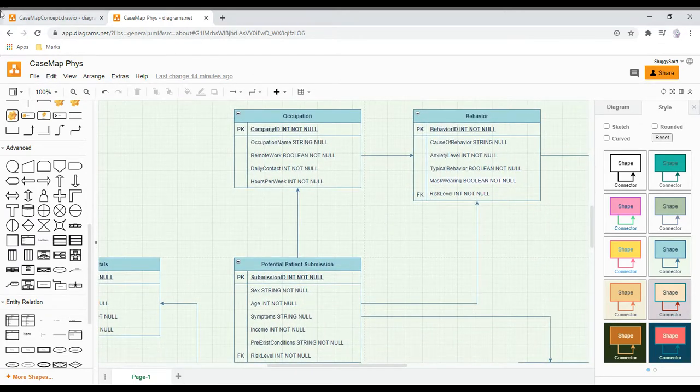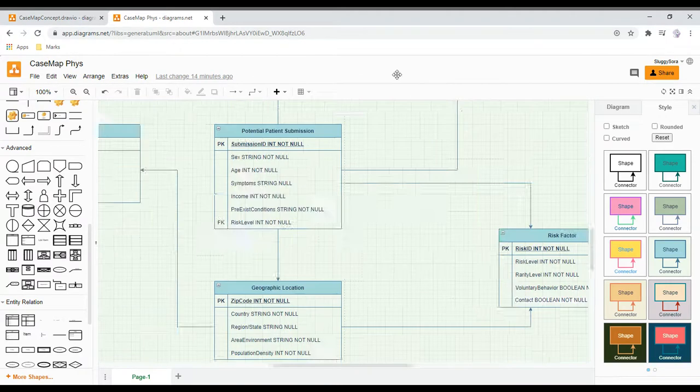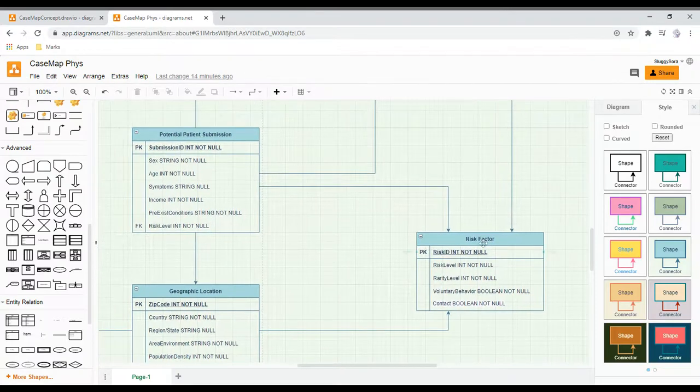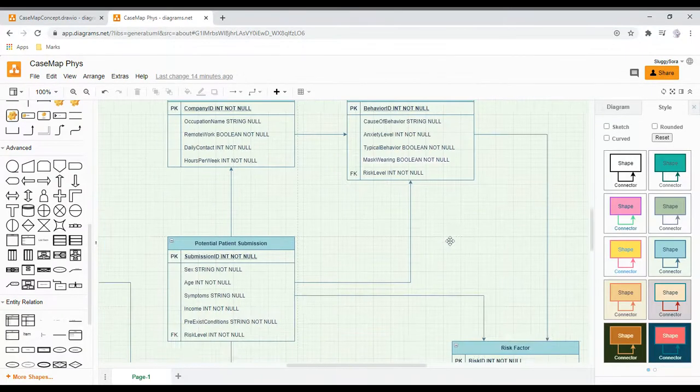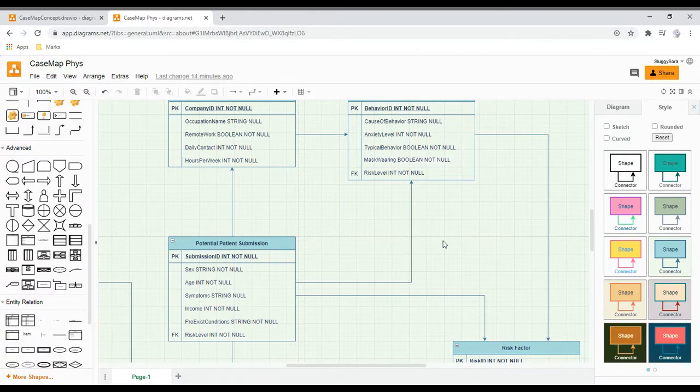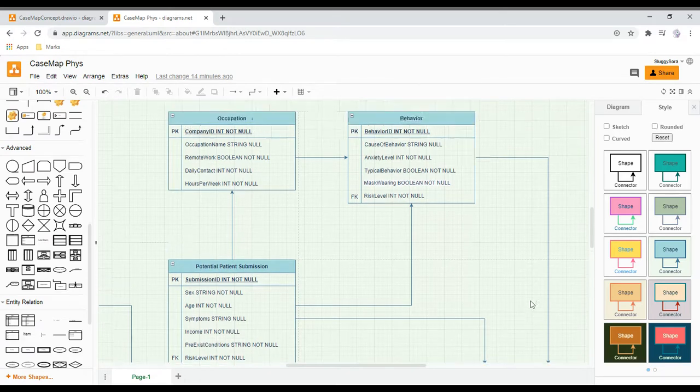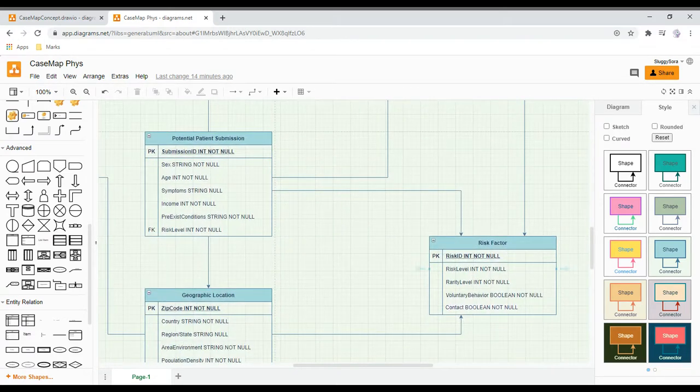I took some things into account with this one specifically, and I wanted to add a couple more foreign keys specifically for risk factor into both the patient and also behavior, because I think you have certain behaviors that will have a risk level, and I think the risk factor in general will ultimately come back into your patient, because that's what you want to assess at the end of the day.